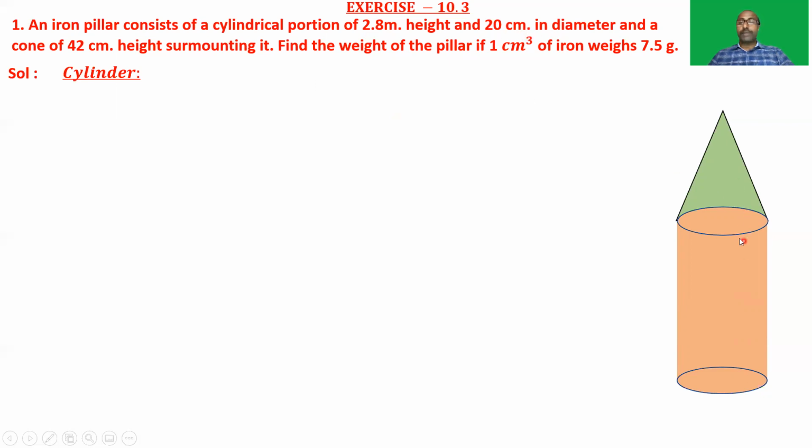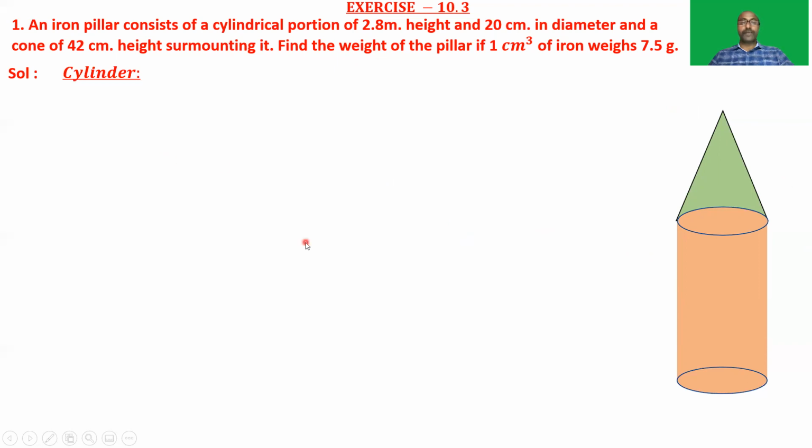As the two objects are attached with the same base, the diameter of the cone is also the same as the diameter of the cylinder. So let us find the total volume of this object.